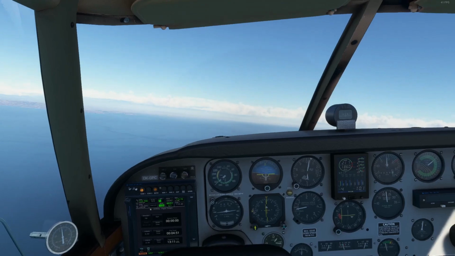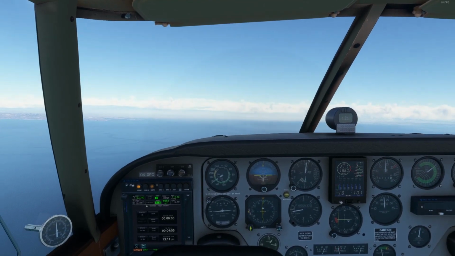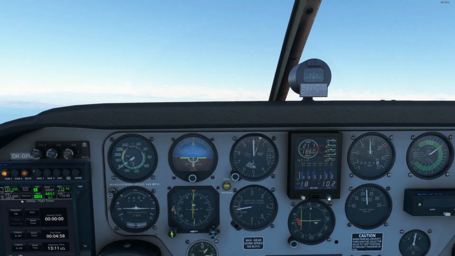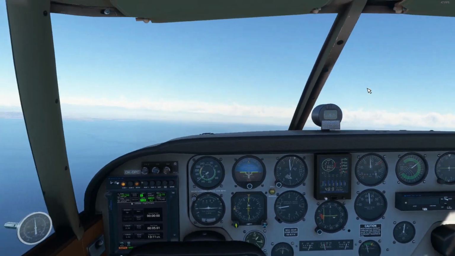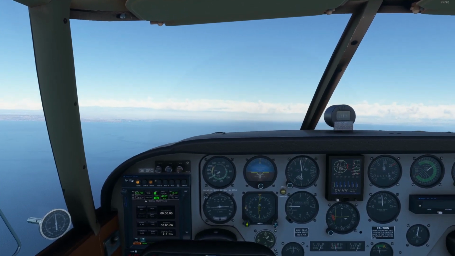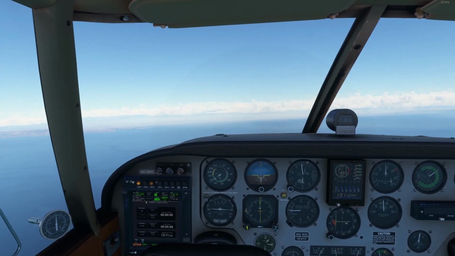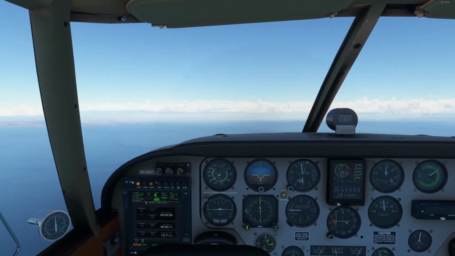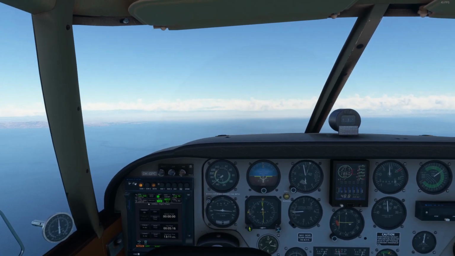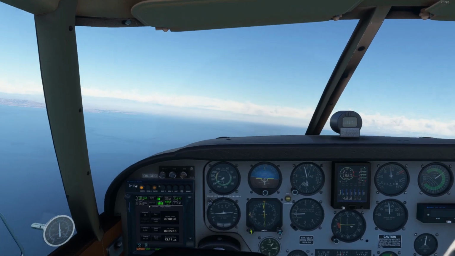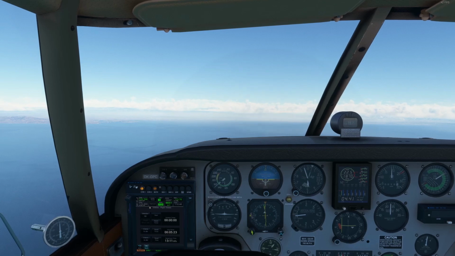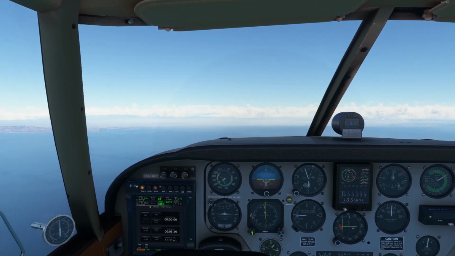Catalina traffic, Comanche 6529 Lima, downwind at 3,500, departing the area to the northeast, Catalina. A little bit bumpy. Yeah. Just this one. Yeah, so let's. Catalina traffic, Cardiac 36 Foxtrot, turning right crosswind, runway 22, Catalina.